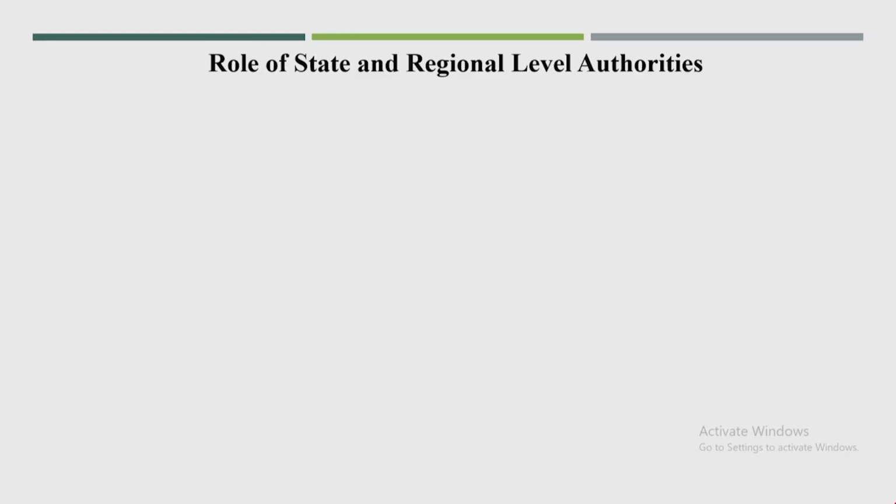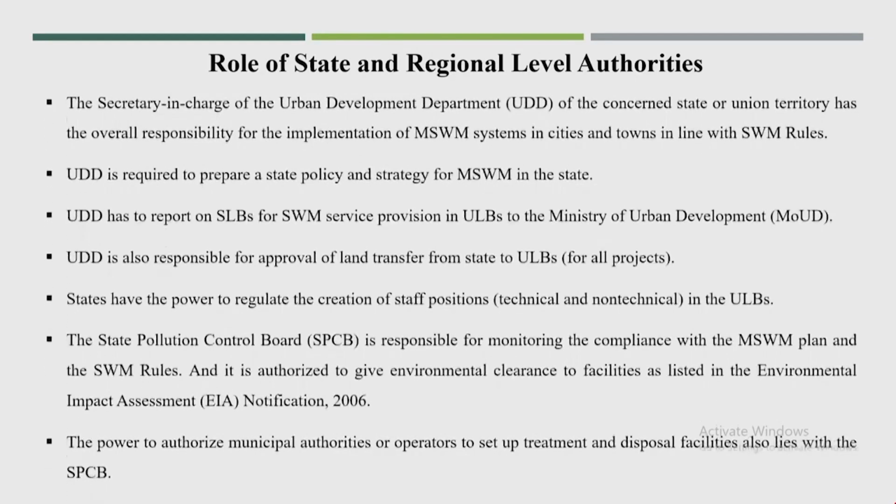And now, the role of state and regional level authority. The secretary in charge of the urban development department of the concerned state or union territory has the overall responsibility for the implementation of the MSWM system in the cities and towns in line with the SWM rules.